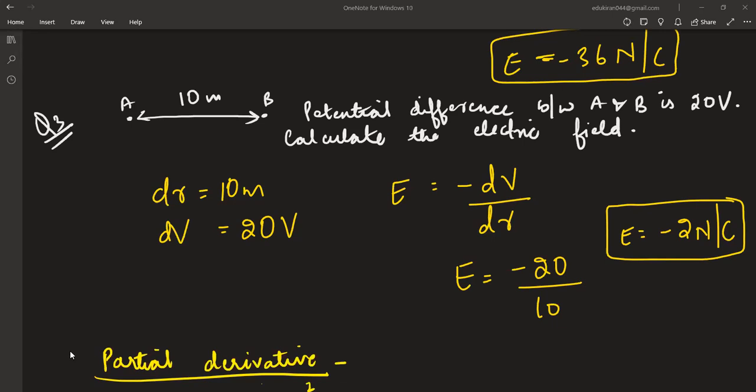Note it down, then we'll see a new topic, that is partial differentiation. Partial derivative is actually a type of differentiation only.